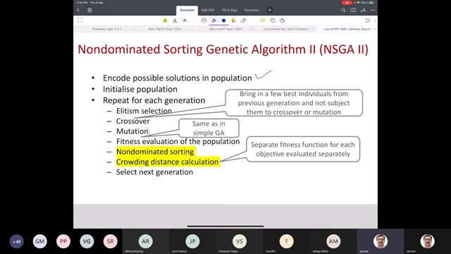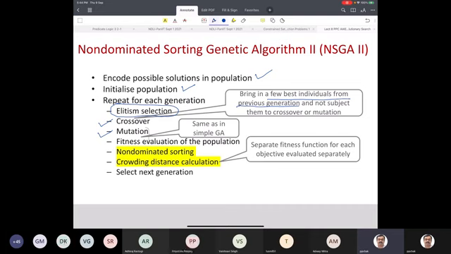Again, encode a population, initialize the population. Then you do this elitism selection. That means you try to choose good ones, like we did before. Then you apply crossover and mutation. So you bring the few best individuals from the previous generation, and these best individuals are chosen from this rank set.